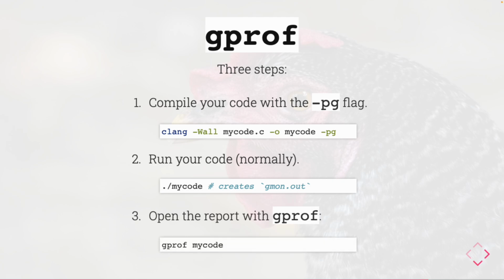But having compiled your code with the PG flag, it essentially inserts code to run gprof into your code. So running the code normally will generate a report that you can then open with gprof.